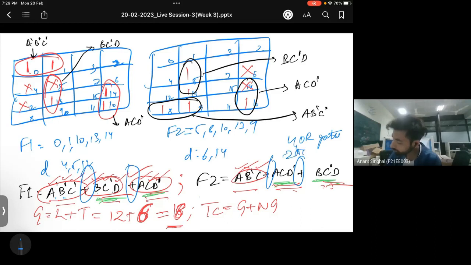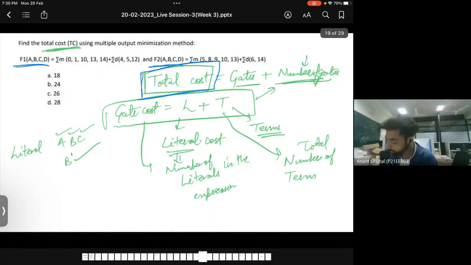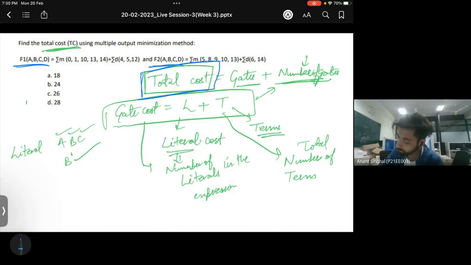So two AND gates. So the total cost will be nothing but 18 plus 4 OR gates and 2 AND gates. It will be 24. Is there any option 24? Yeah. The correct answer to this question is not C, it's B.